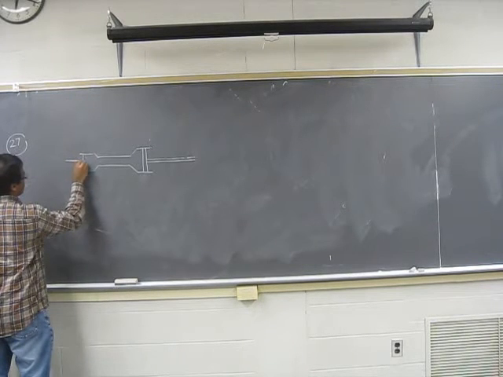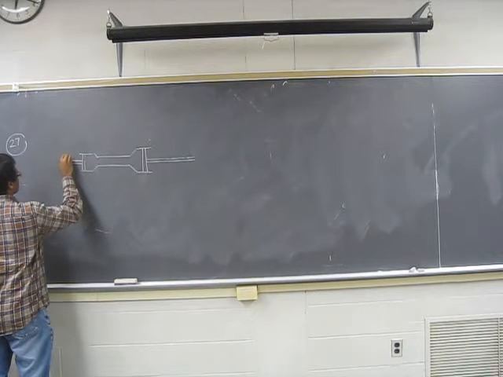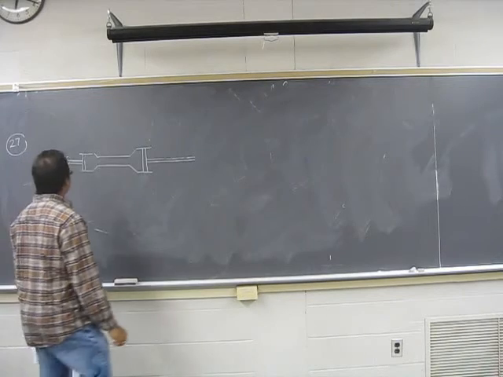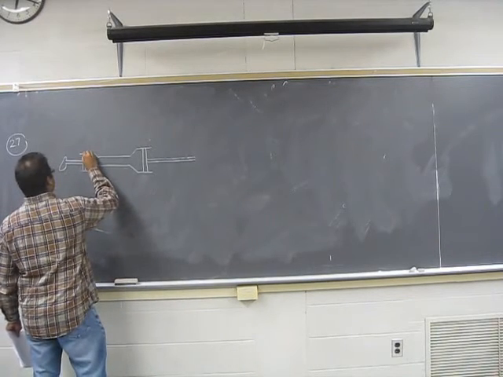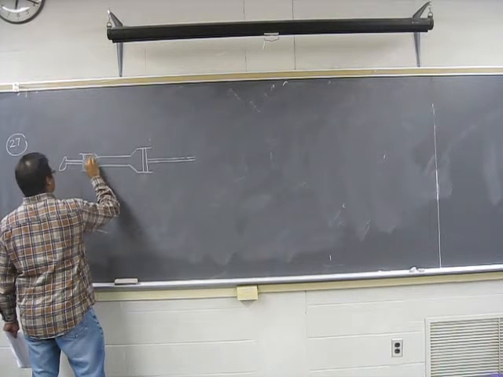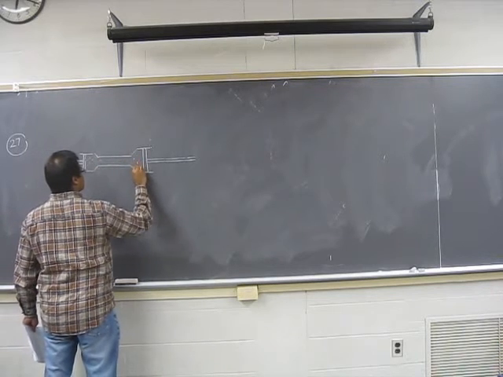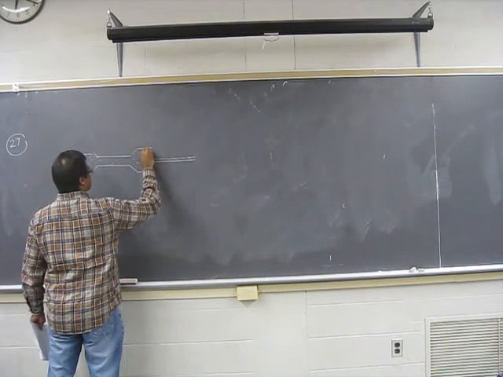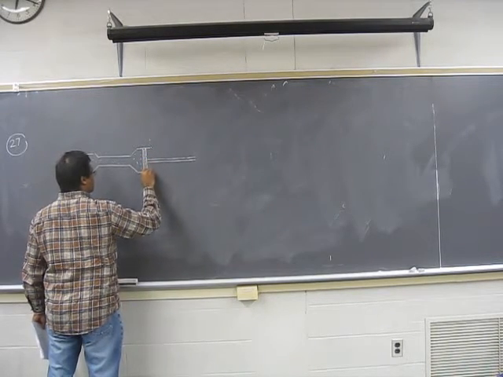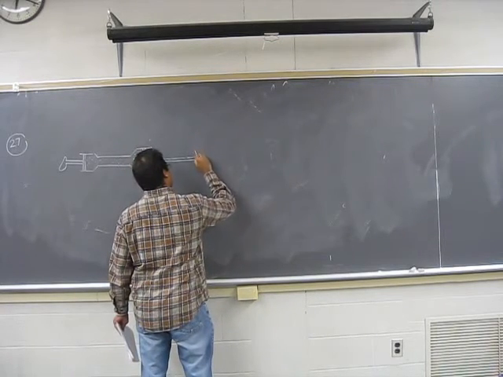And then we have the brake pedal. This is the brake pedal, and this is a cylinder. Another cylinder, of course, this is the brake cylinder. So this is connected to a brake shoe.